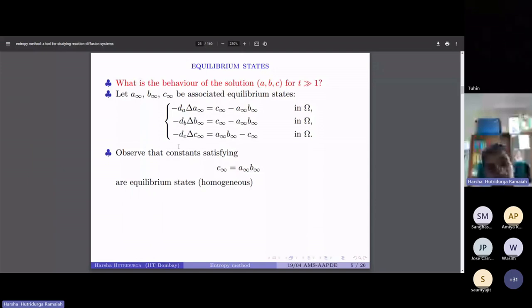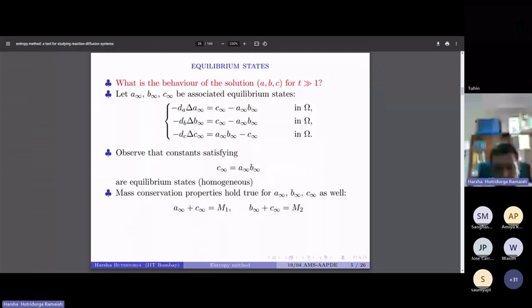Okay, a solution. We are not claiming that this is the only solution to this system. Now, because there is conservation at every time t, you expect that a plus b, a plus c, integrated in x, keeps the same value, equal to m1 times the measure of omega. You expect the same kind of conservation property to hold even at the equilibrium state.